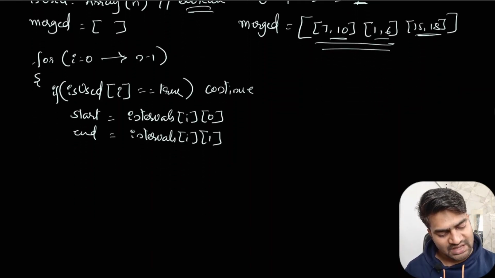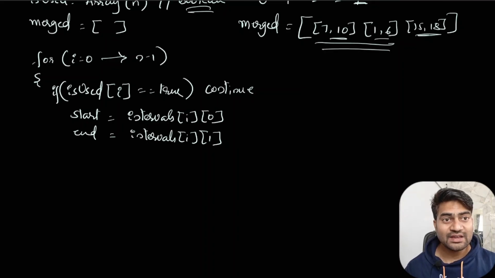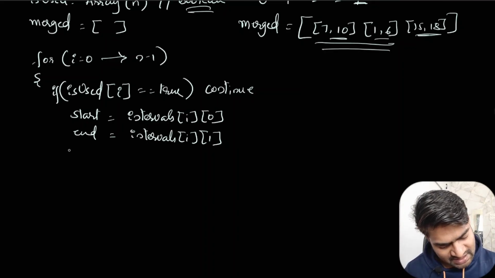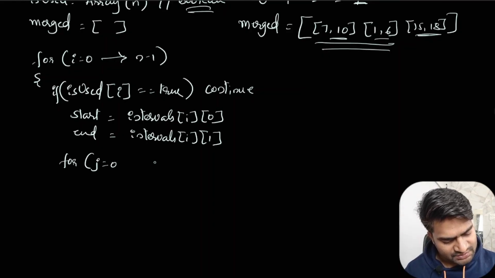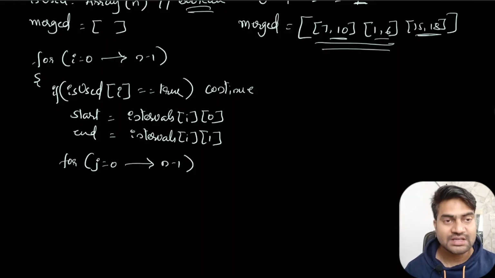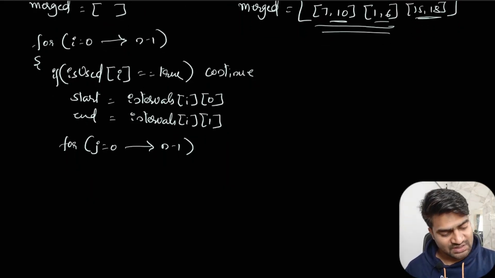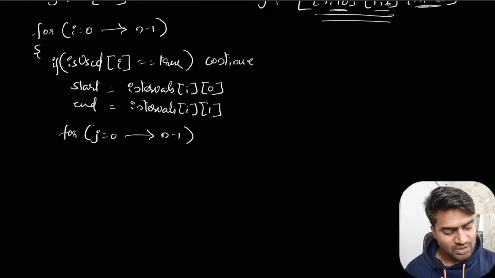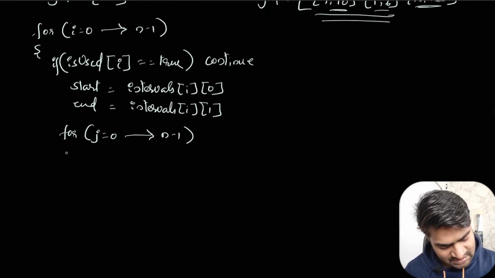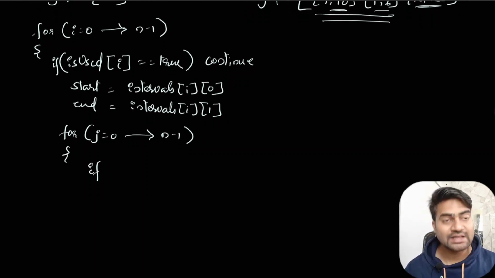Once after that, what we did, we scanned the remaining elements. Correct, right? So for that I will use another for loop, for j equal to 0 till n minus 1. Whenever we process, that particular interval should not be used.